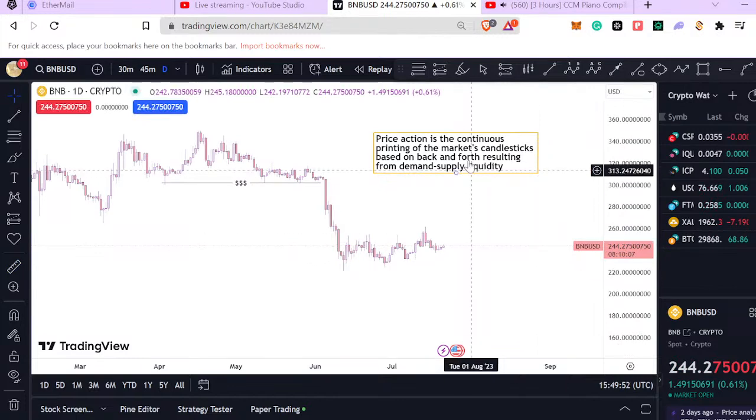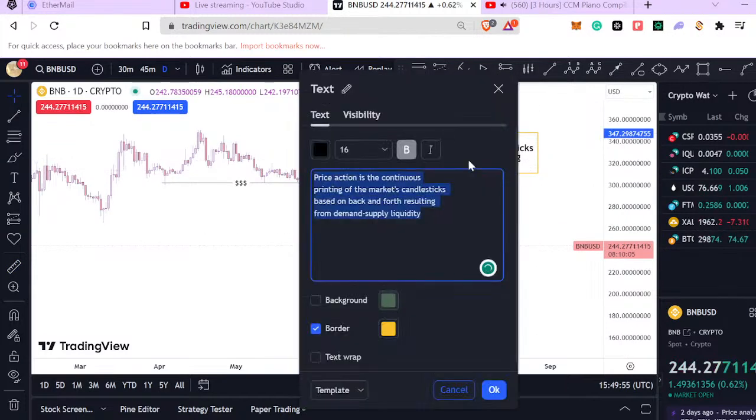Price action contains candlesticks, which is what I mentioned, and let me highlight the very important part of this price action definition. In price action you have market demand and of course market supply, which is based on liquidity.